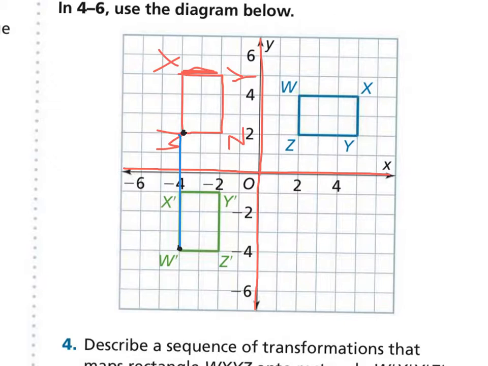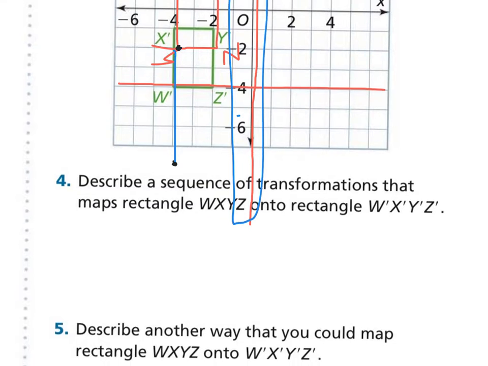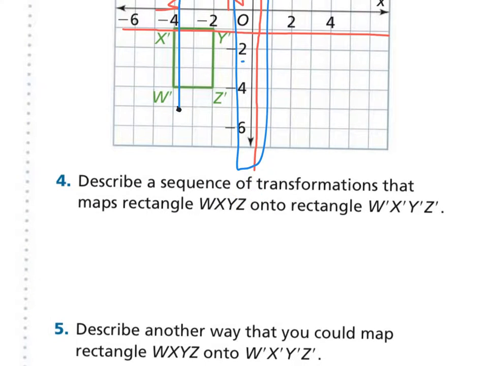Now, always make sure, when you look at the numbers, that they're going by ones here, which they are. So this is going to be our sequence. Again, the direction matters.